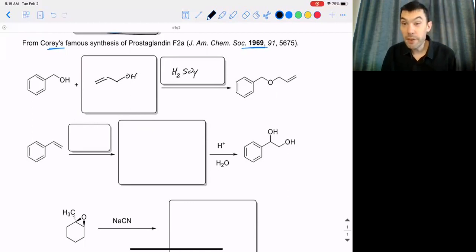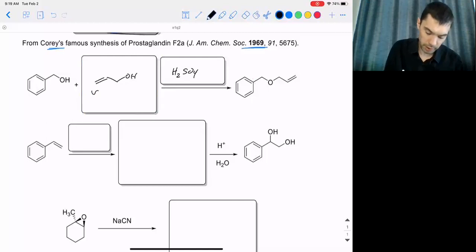That would make this ether, but it would make it in a random way that's complicated by a number of other carbocationic intermediates. So the way that you generate this ether from these starting materials and sulfuric acid is you protonate the OH, you make a carbocation, and then that carbocation would be attacked by the alcohol.